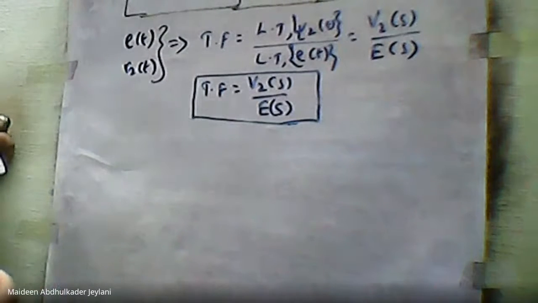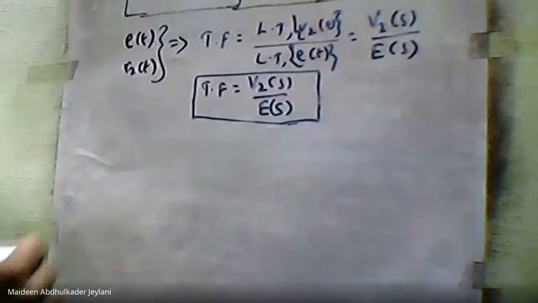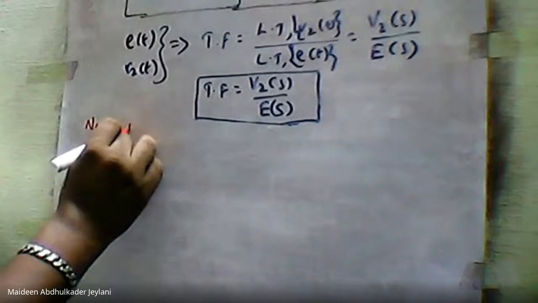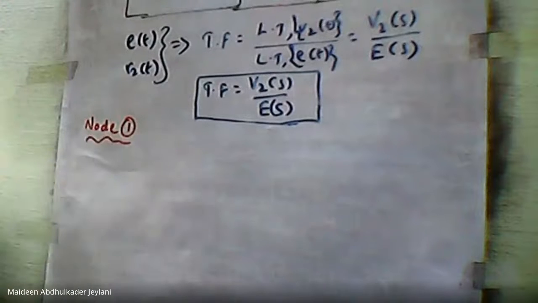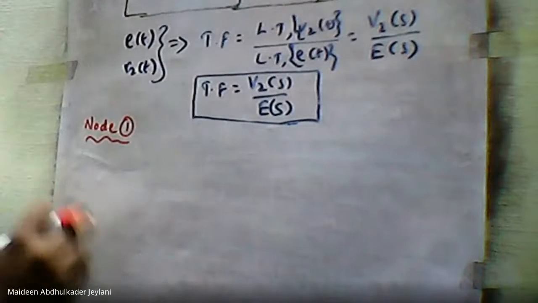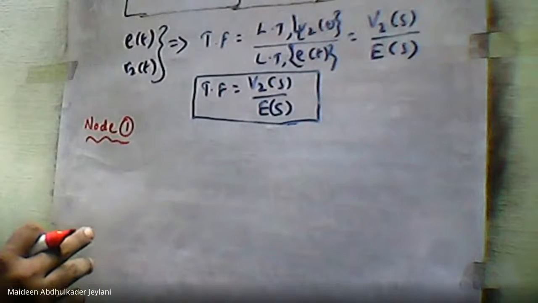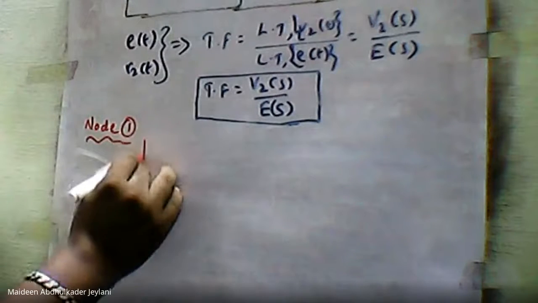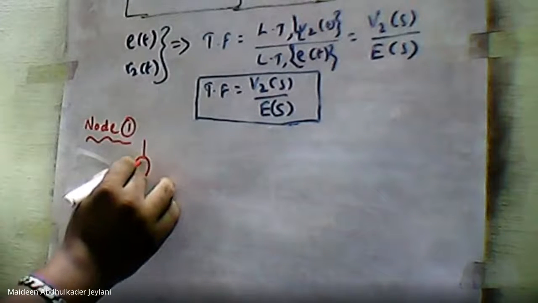Next, the notation of nodes is also given in your problem. First, we'll consider node 1 alone. At node 1, you just redraw the equivalent circuit of the components connected with node 1. So I have a source.